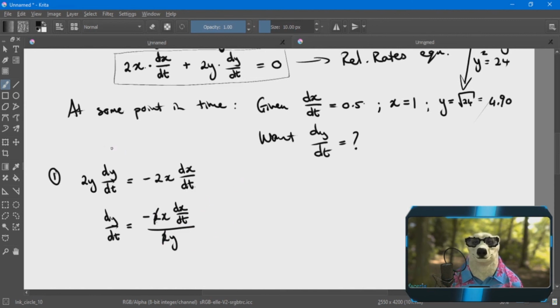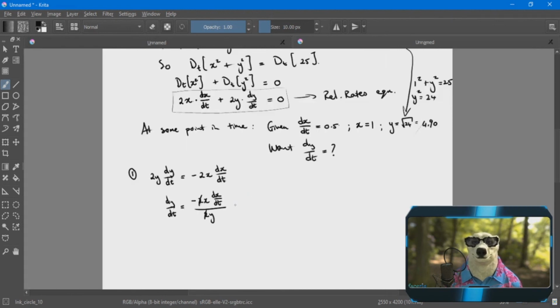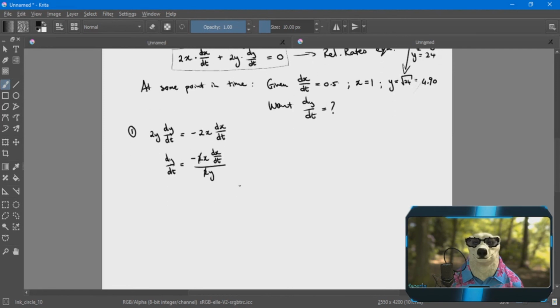Then, for my specific point in time, I'm going to zoom out. For my specific point in time, I can then plug in the specific numbers. I have my negative, my x is 1, my dx/dt is 0.5 over y, which is root 24, and I'll get an answer.